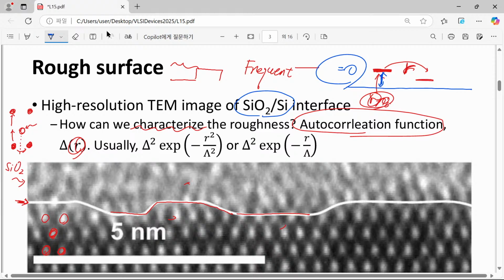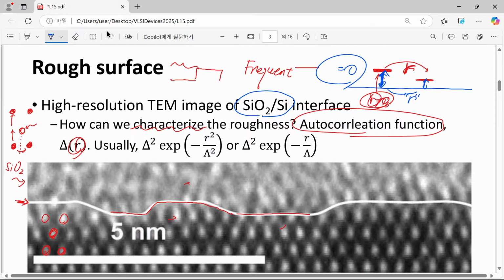However, if we make a product between this roughness and that at another position, at distance r, then it can contribute to a certain level.